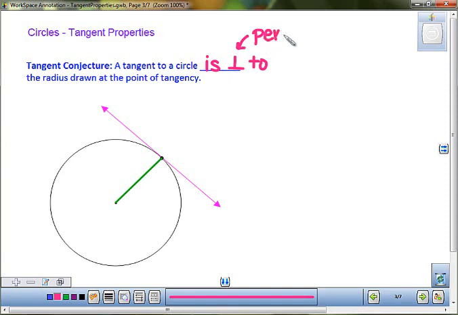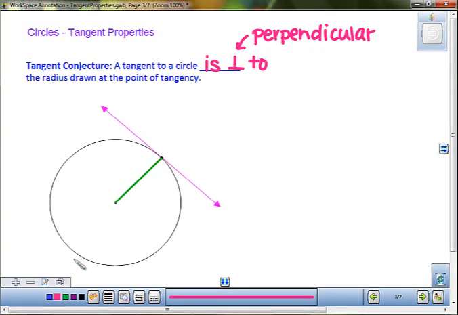If you need to write it out, you can. Okay, so the tangent, this pink line, is perpendicular to the radius drawn. And hopefully everybody remembers that perpendicular means it creates a 90-degree angle. So we have a 90-degree angle here. Again, you may need to write that down if you don't remember. That's 90 degrees.